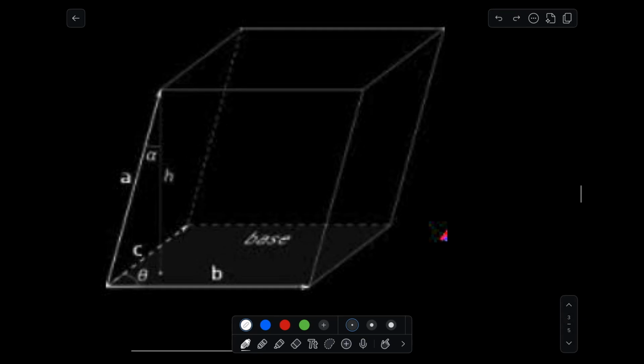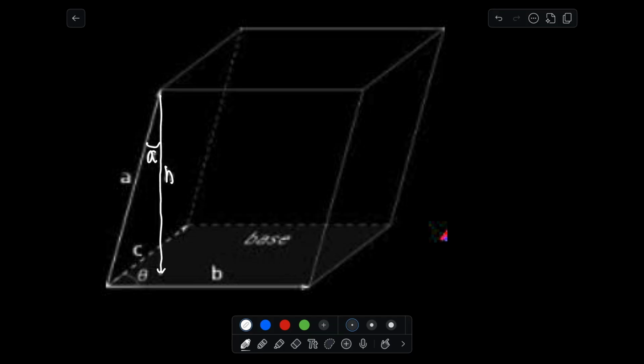As for the height, it's going to be a tricky relationship to figure out. But what we can notice is that our H, as poorly as it's rendered on this screen right here, this is going to be considered alpha.